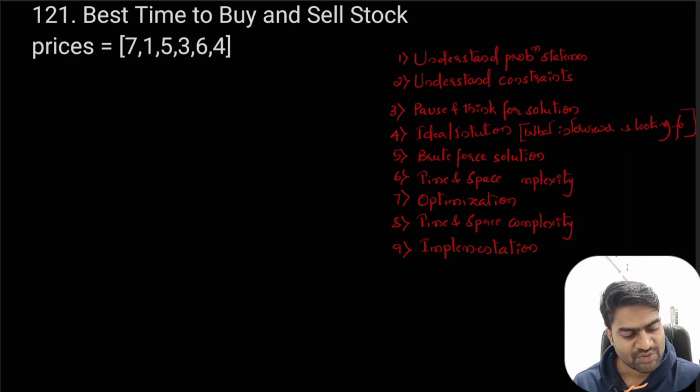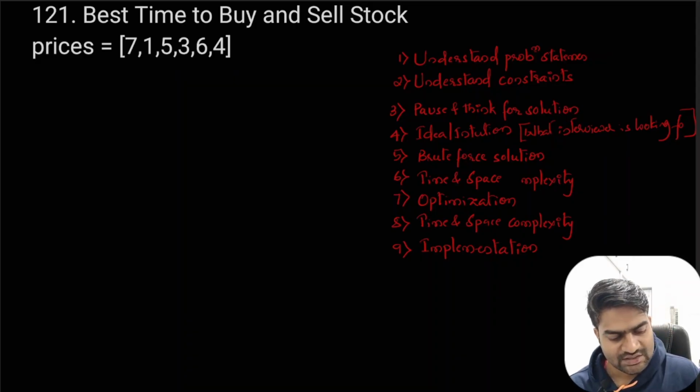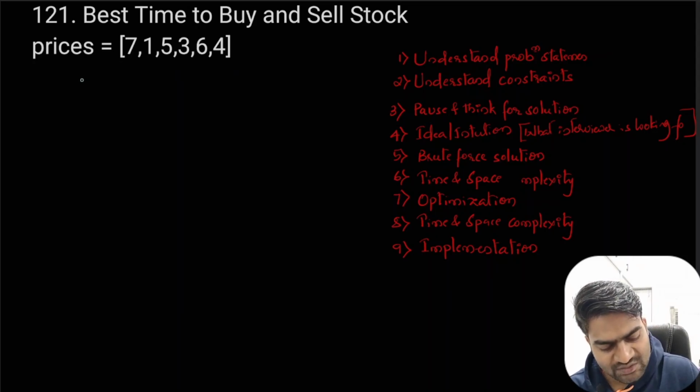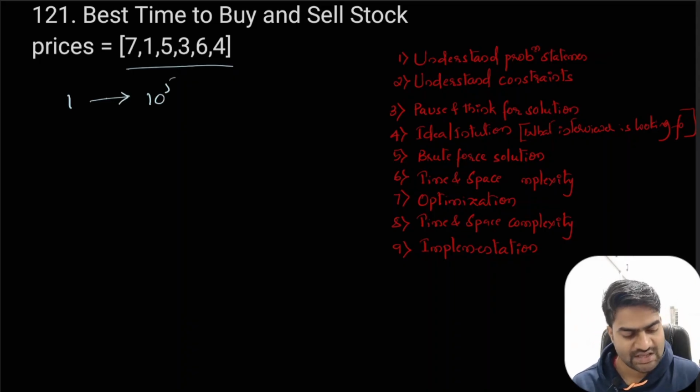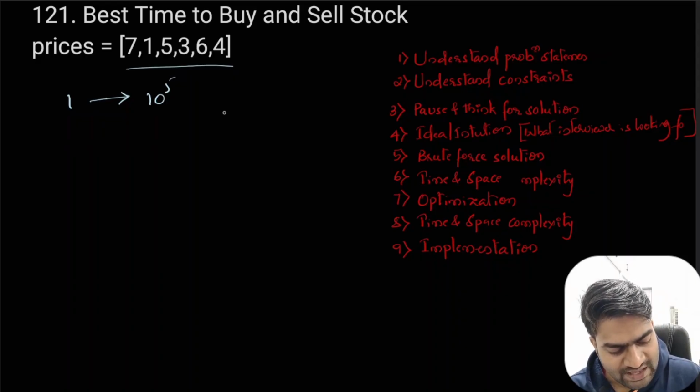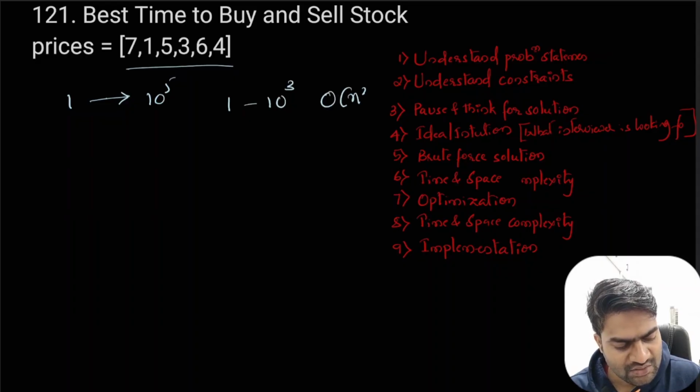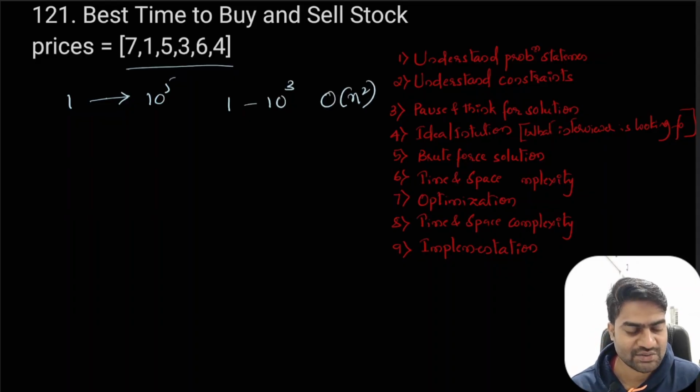Before doing that, there is one thing we need to understand. For this problem, the constraint on the length was between 1 and 10 raised to 5. As a thumb rule, always keep this in mind. In Leetcode, if the array length is between 1 and 10 raised to 3, then even if you solve the problem in O(n^2), it will accept the solution.